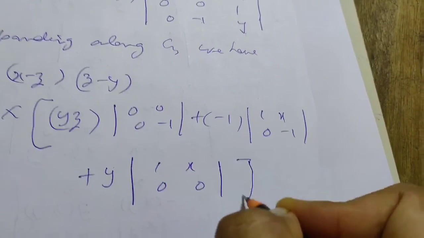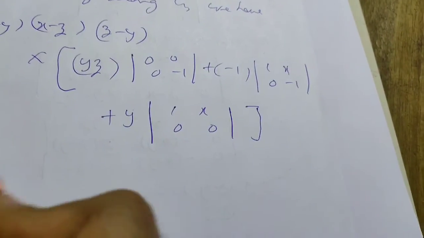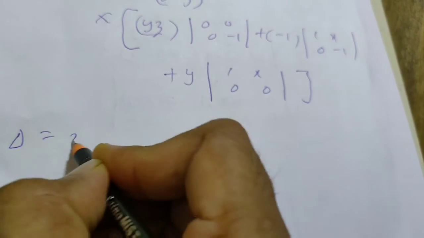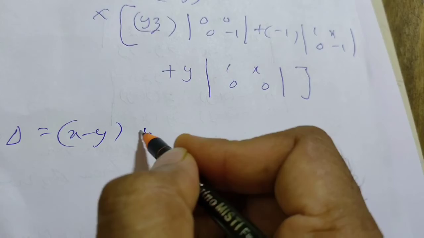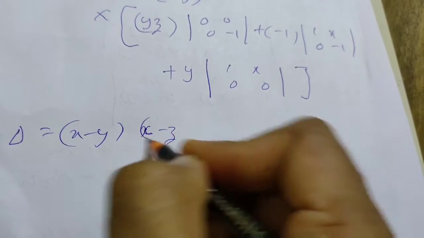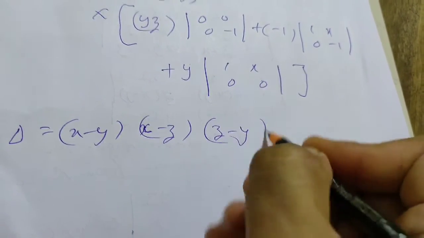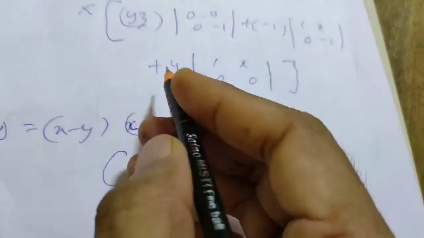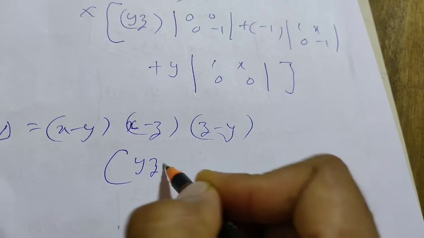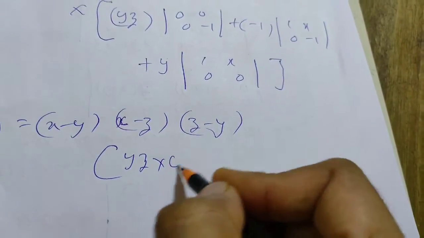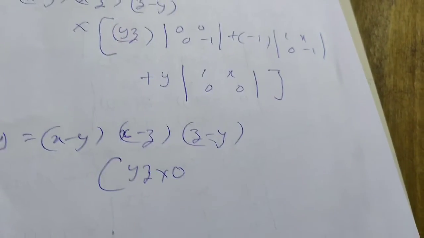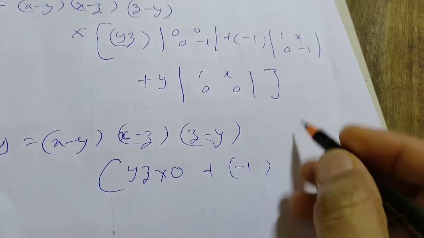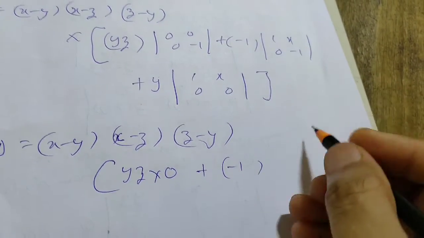So now we'll simplify it further. So delta equal to x minus y, x minus z, z minus y. Now this will become yz into 0, total is 0. Then minus 1 into minus 1 is minus 1, and that is remaining is 0.